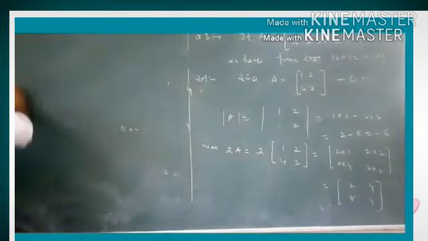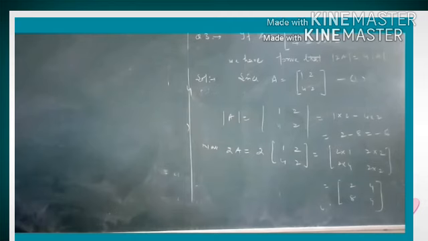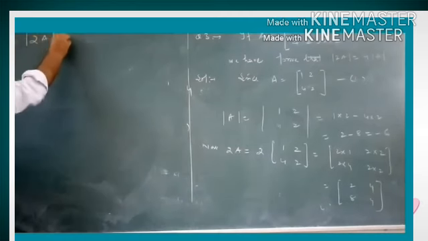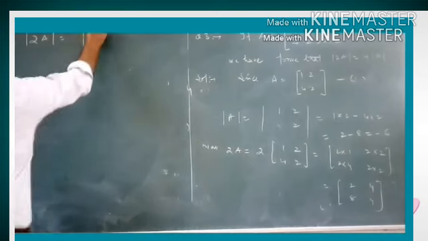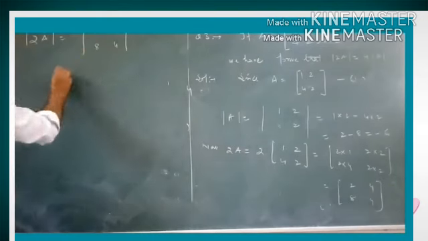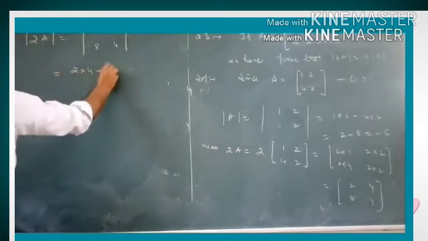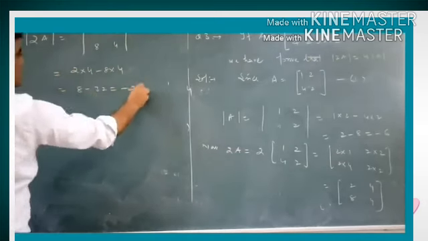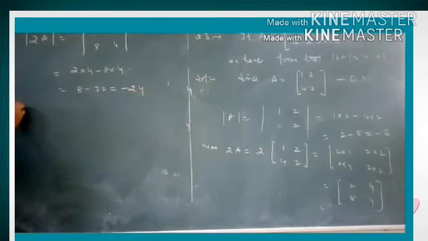Students, we have to prove that the determinant of 2A is equal to 4 times the determinant of A. Determinant of 2A is the determinant of |2 4; 8 4|, which is 2 into 4 minus 8 into 4, that is -24. Therefore, the determinant of 2A is equal to -24.